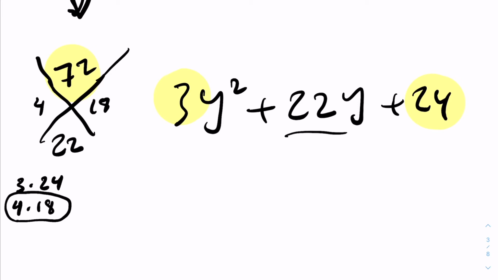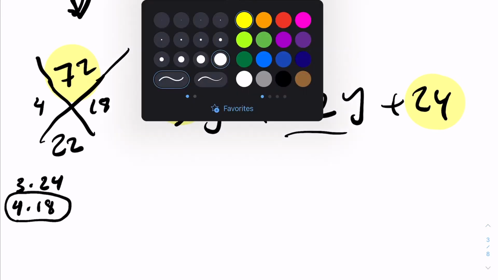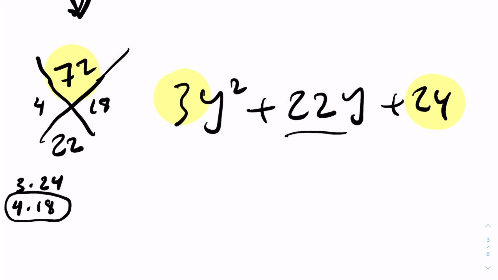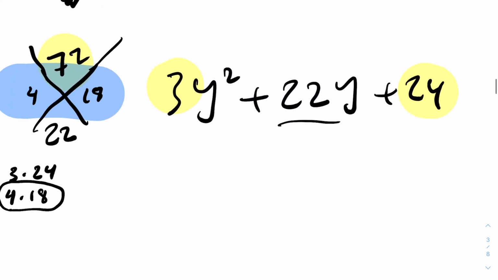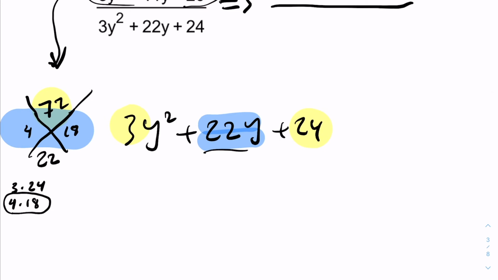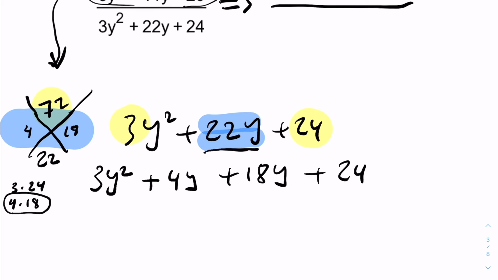So by doing a bunch of these problems before, these are sort of like our target numbers that are going to replace this number right here. So, of course, I already have this 3y squared. Replace 22y with plus 4y plus 18y, and plus 24.